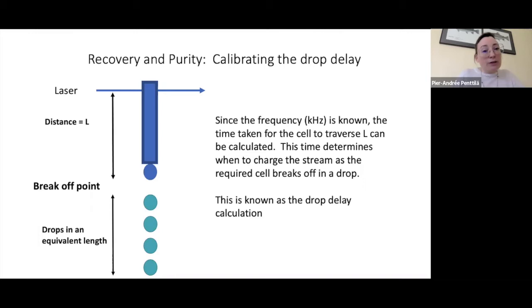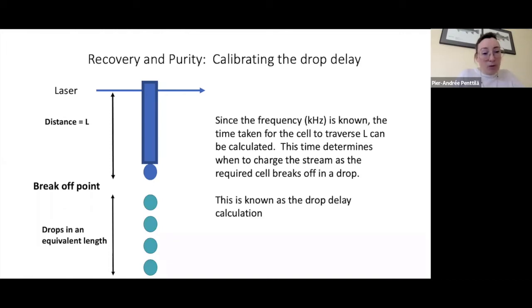Since the frequency in kilohertz is known, the time taken for the cell to traverse the distance L, that is the distance between the interrogation point by the laser and the point of breakoff, before it's broken off from the stream to be collected downstream, can be calculated. This time determines when to actually charge the stream as the required cell breaks off into a drop. And this is known as the drop delay calculation.